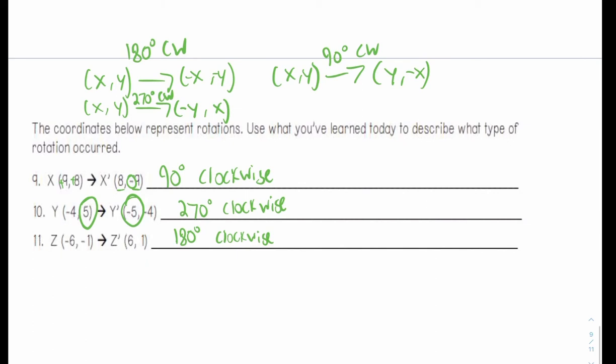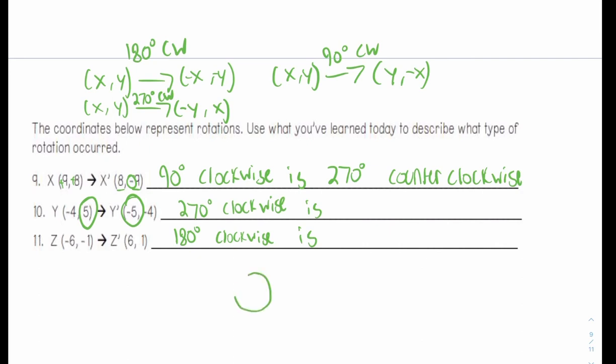I also want you to describe what would have been the counterclockwise. 90 degrees clockwise is how many degrees counterclockwise? 90 degrees one way is 270 degrees the other way. 270 degrees one way is how many degrees the other way?